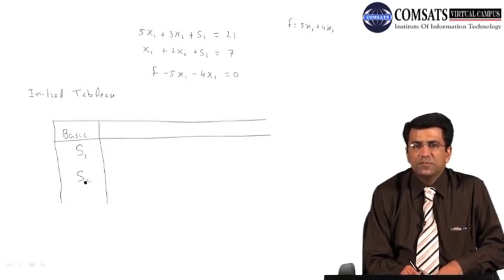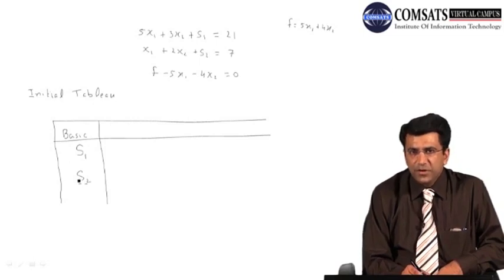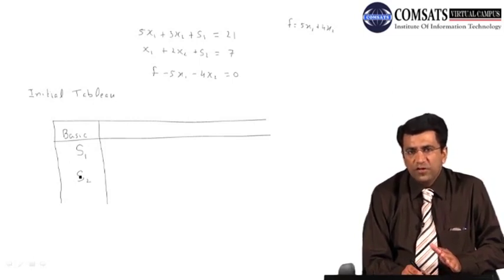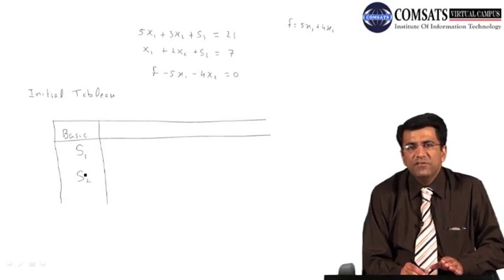So once again I repeat that all those variables whose values are not put equal to 0 when we were solving those equations for calculating the values of the slack variables will be referred to as basic variables. We were initially having 4 variables, that is x1, x2, s1 and s2.